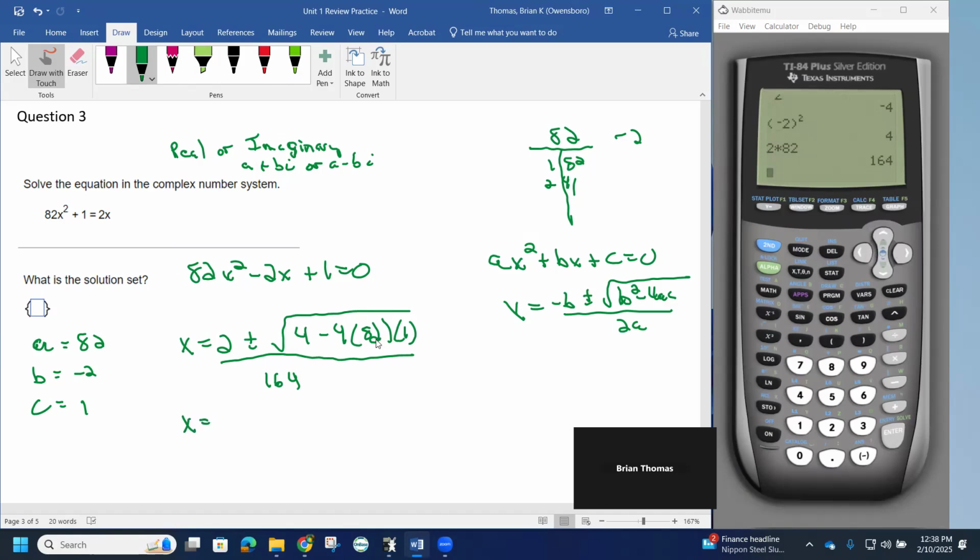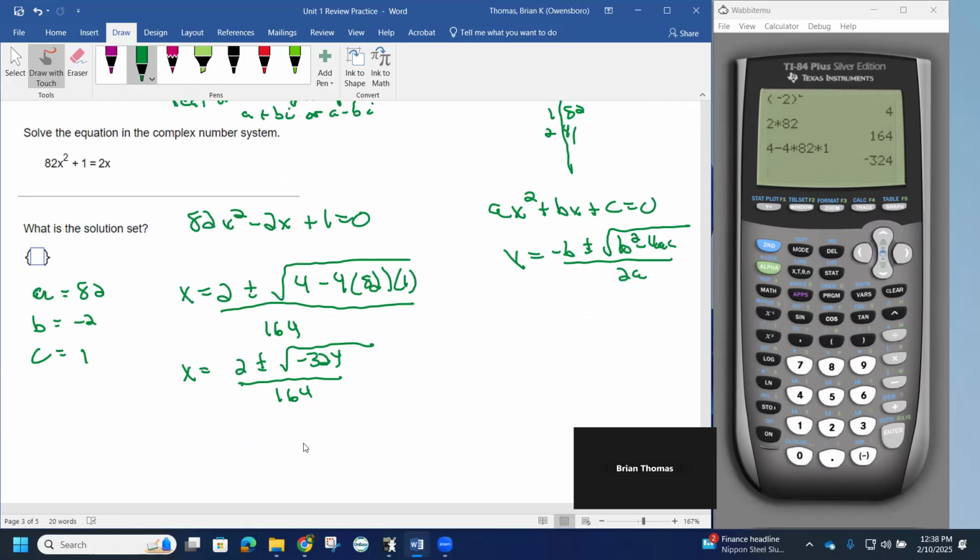The next thing we need to do is simplify what's inside the radical. So I have 4 minus 4 times 82 times 1, and this gives me a negative 324. So 2 plus or minus the square root of negative 324, over 164.